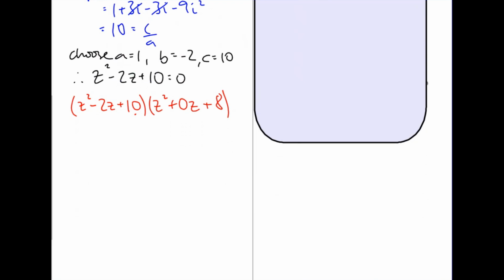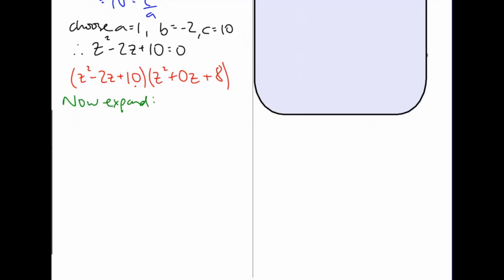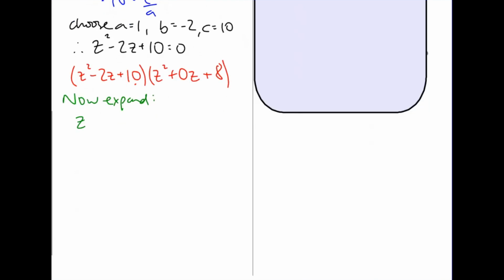Finally, to work out p and r, the best way to do it is expand this out again. There are other ways, but the best way is to expand this out. So I'll get z squared times z squared, z to the 4, plus 8z squared, minus 2z cubed, minus 16z, plus 10z squared, plus 8.